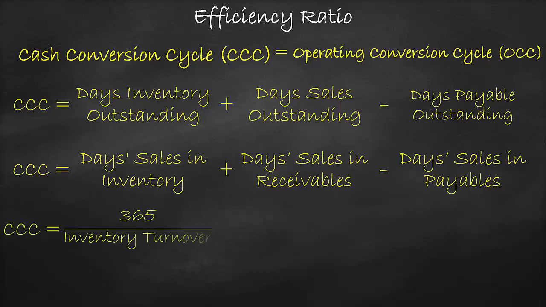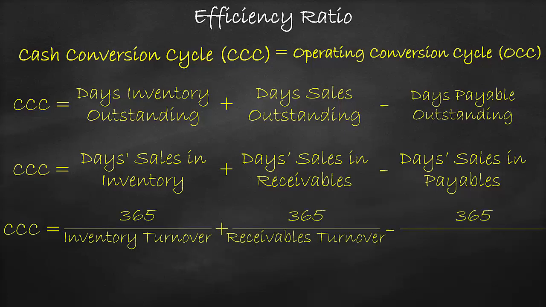The days sales outstanding is calculated as 365 divided by the receivables turnover, and the days payable outstanding is calculated as 365 divided by the payables turnover. The inventory turnover formula is the cost of goods sold divided by the inventory. The receivables turnover formula is sales divided by the accounts receivable, and the payables turnover formula is the cost of goods sold divided by the accounts payable.